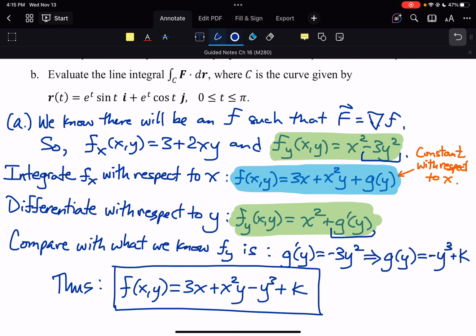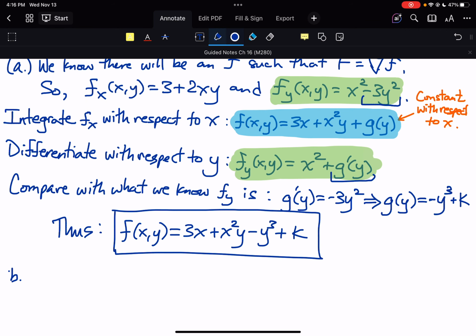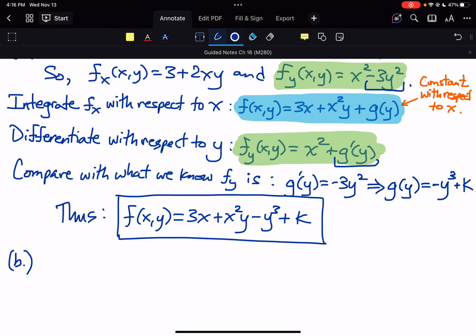Now, using this information, we can apply the fundamental theorem for line integrals to solve this line integral over this curve from 0 to pi. So for part B here, use the fundamental theorem of line integrals, FTLI, fundamental theorem for line integrals.